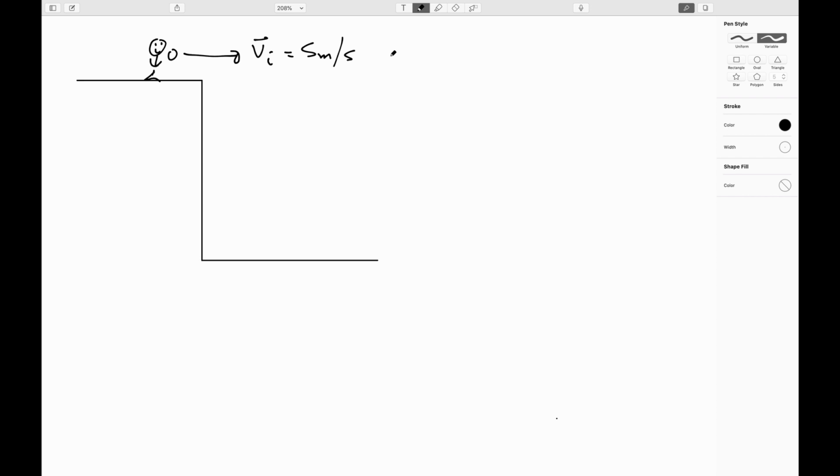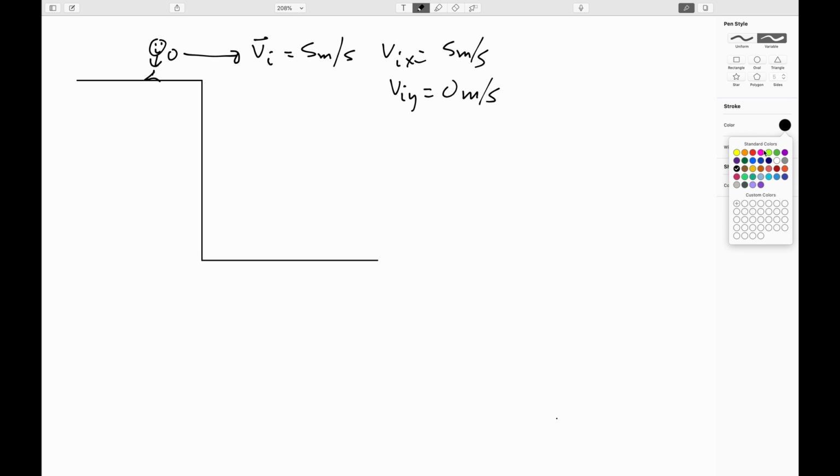So we can go ahead and say v initial x is 5 meters per second. V initial y is 0 meters per second, because it was thrown purely in the x direction.